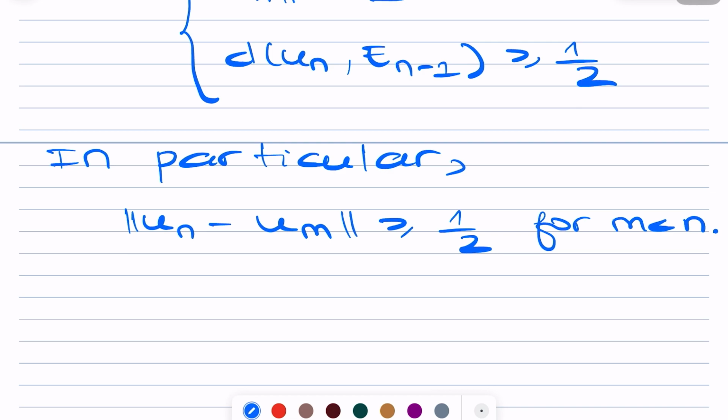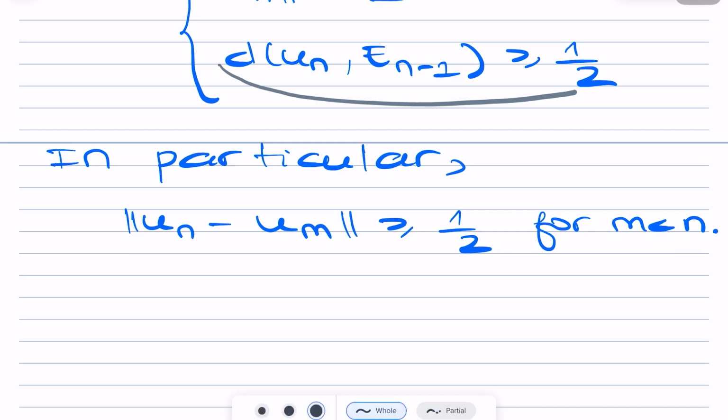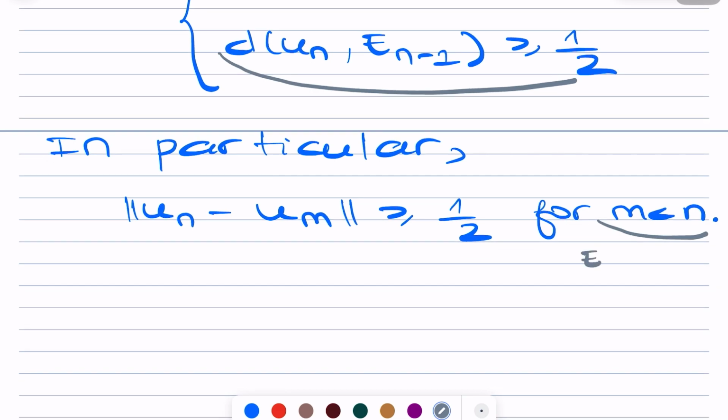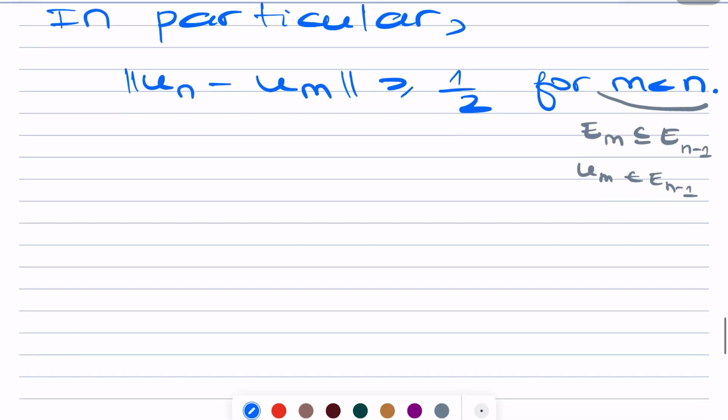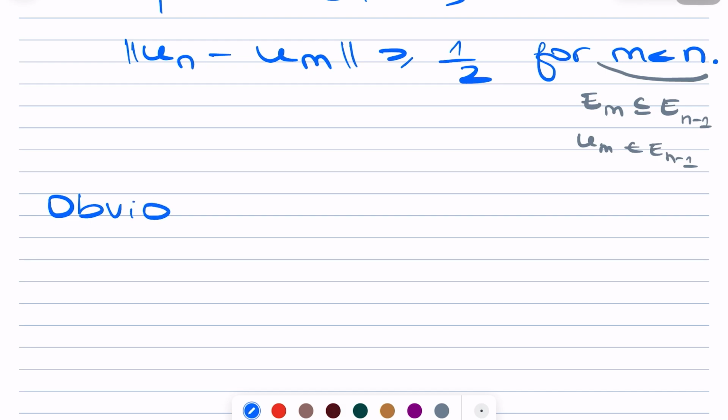This comes from these conditions, because if m is strictly less than n, then you agree with me that Em is contained in En minus 1, and so um is an element of En minus 1. So we get this.